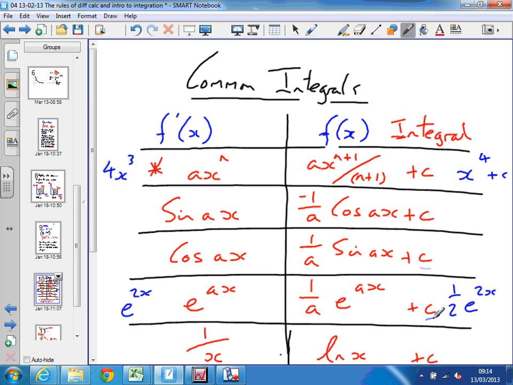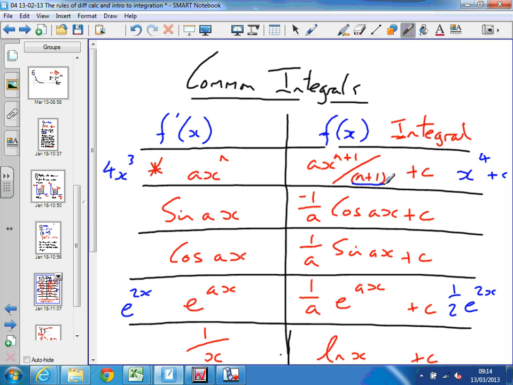If we look at this first rule, it's the exact opposite of the differential one. Instead of taking one away from the power, we add one to the power, so the power becomes n plus 1. That sort of makes sense if you're going to get back to the original function. And instead of multiplying by the number in the power, we divide by it.